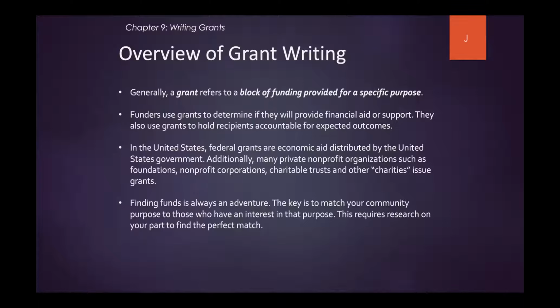Usually when you apply for a grant and you get those resources, you're likely going to get a contract or some sort of agreement document that lays out the specific ways by which you can use these resources and what they're expecting out of you after those resources are expended. And usually they'll ask for a report on your efforts in the community. They want to know the degree to which you were successful in implementing your community goals and things of the like. So the instrument of a grant is also used to hold you accountable for very specific outcomes.